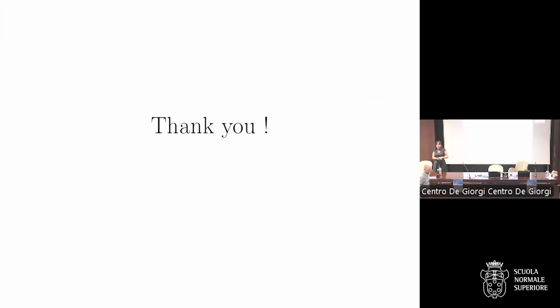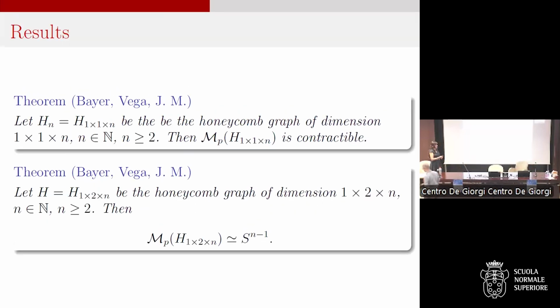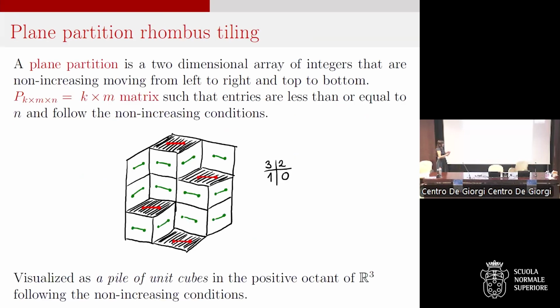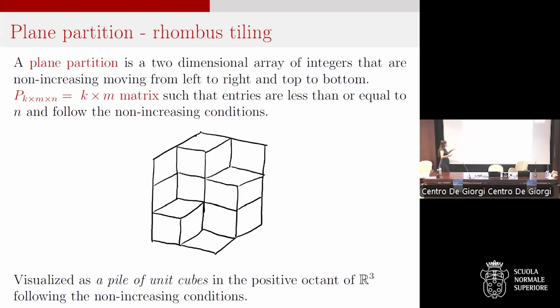I did not understand how the honeycomb matching and the rhombus plane division are related. Okay, so those, as I said, are kind of old results that are usually combinatorially stated. Let me go back here. Whenever you have this kind of rhombus tiling, you imagine that it is in the plane, so you have x and y axes, and in each rhombus, you construct an edge based on its orientation.